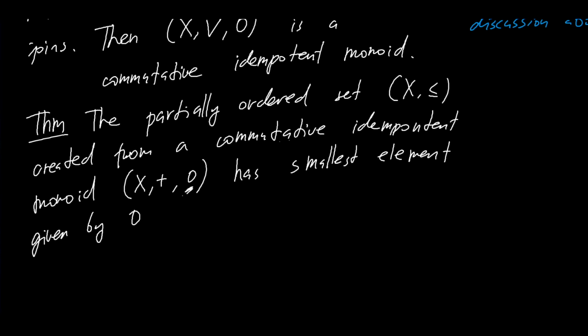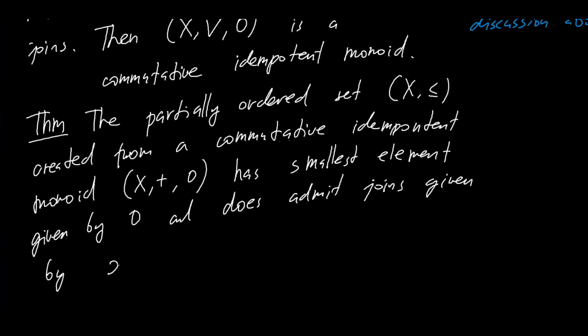So the 0, the identity element of that monoid, will turn out to be the smallest element, just like in the opposite direction it was. It has smallest element given by 0, and does admit joins, given by: the join of two things turns out to be the very same plus we started with.